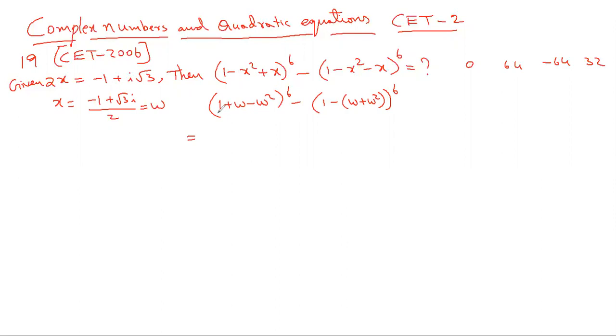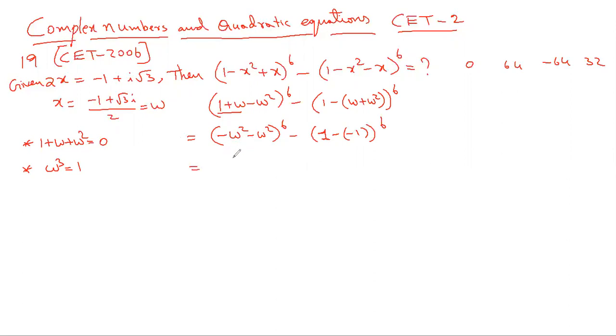So 1 plus omega is minus omega square, because we have the property 1 plus omega plus omega square equal to 0, and also omega cube equal to 1. So using those properties, you get minus omega square, and here omega plus omega square is minus 1, so 1 minus of minus 1, the whole power 6.